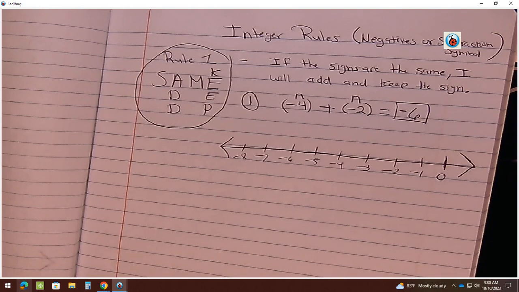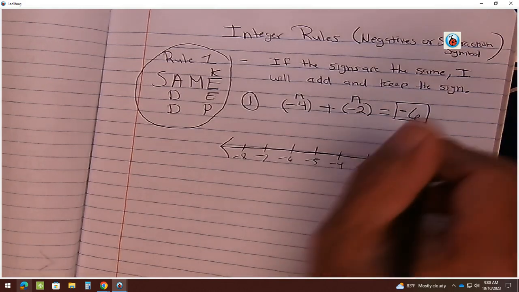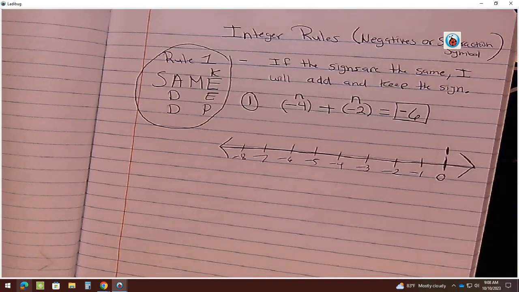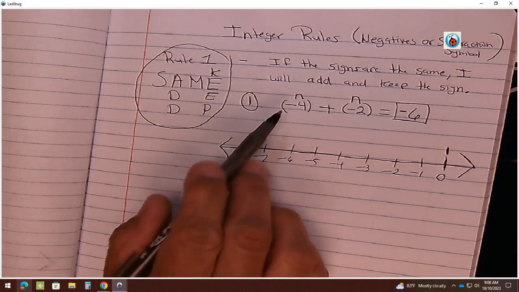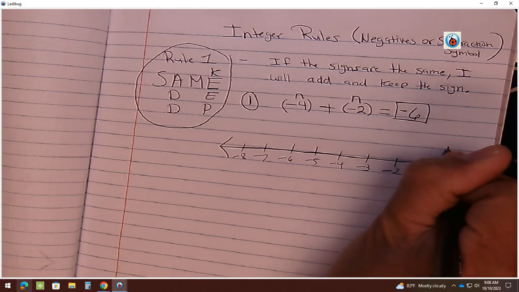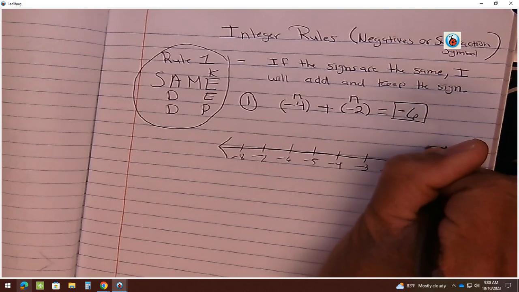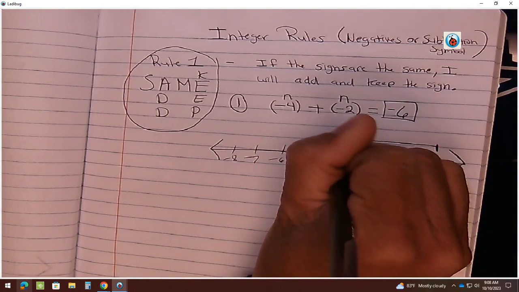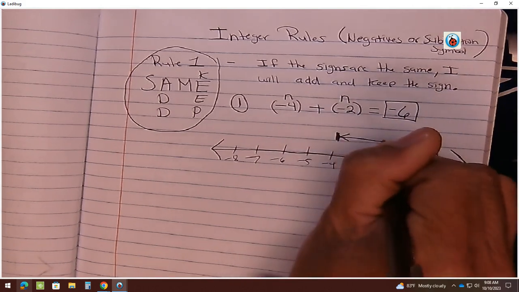Where do you always begin in number lines? Good. So I'm going to put a beginning mark here on the top of 0. And I'm going to travel what they want me to travel. They want me to lose 4. So when you lose, you go to the left. Lose, L, left. 1, 2, 3, 4. I just lost how much? 4.